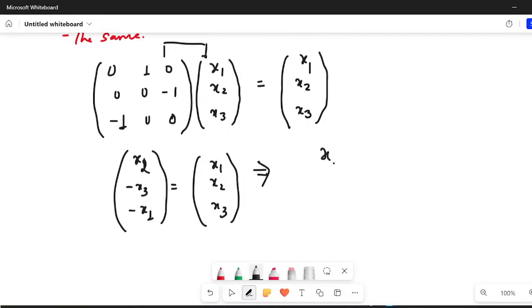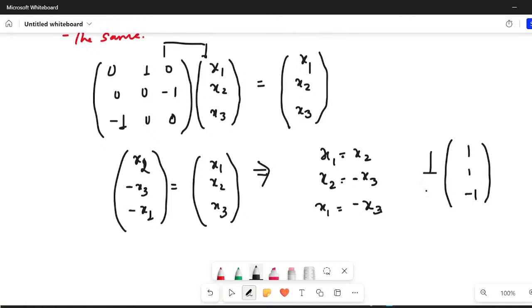It implies that your x1 should be equal to x2, and x2 should be equal to minus of x3, and x1 should be equal to minus of x3. So if I take x1 and x2 as 1 and 1, this would be -1, and if I normalize it, I can place a 1 over root 3. So this would be the unit vector along the axis of rotation. I hope it is clear to you.